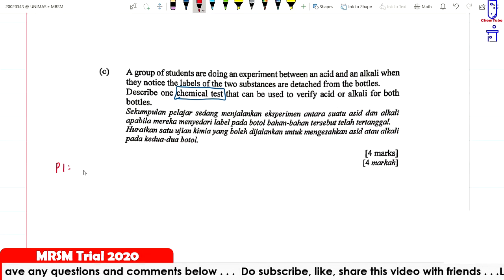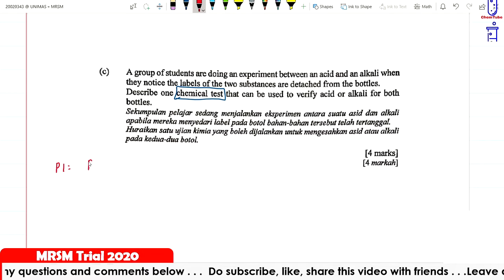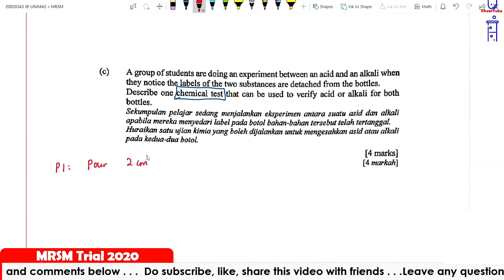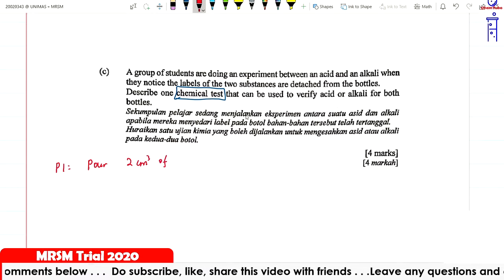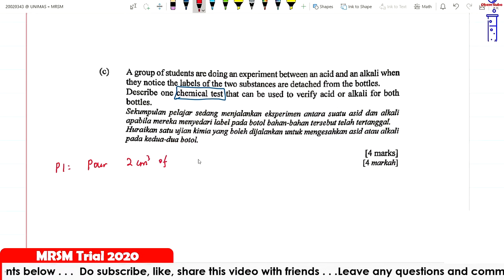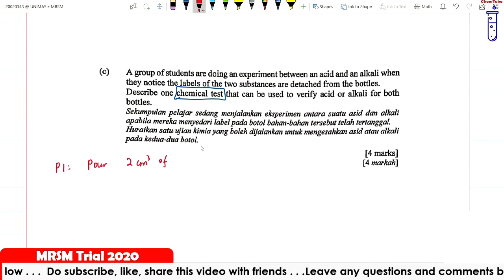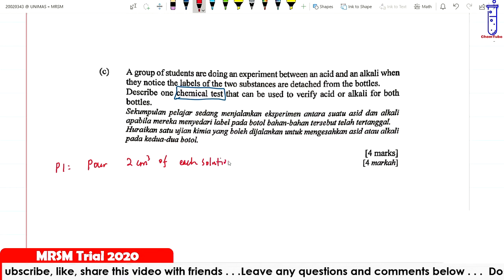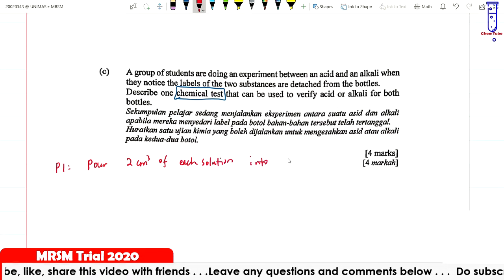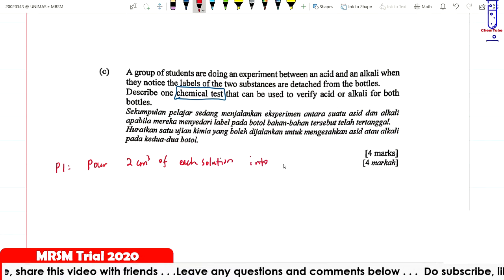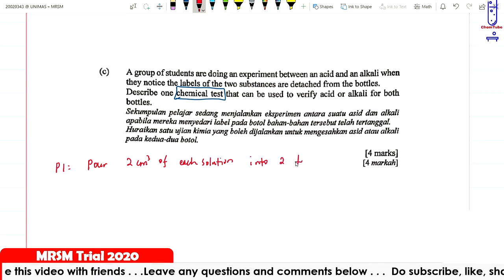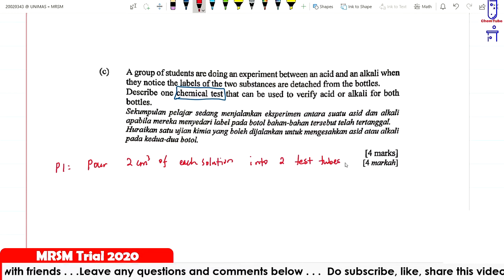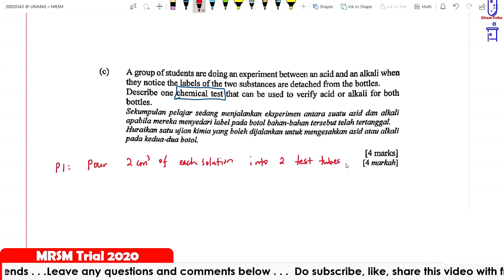Okay, so for example, let's say we use the metal first. First we pour, let's say, 2 cubic centimeter of the acid and alkali solutions into 2 test tubes. Okay, and you can label them X and Y, for example.